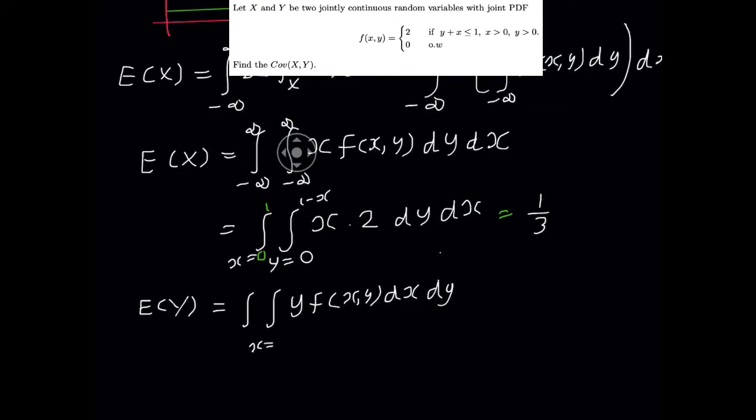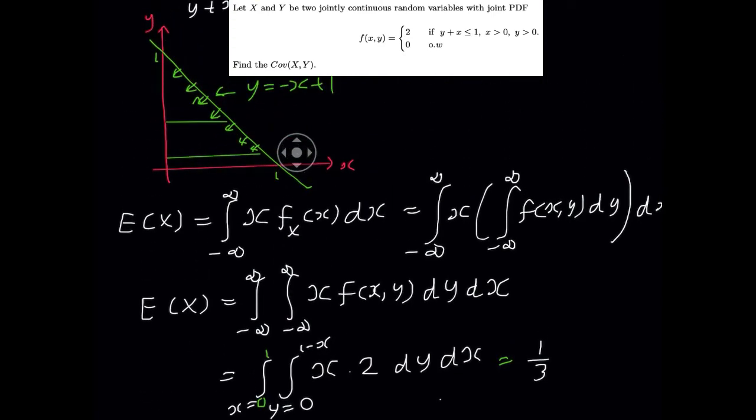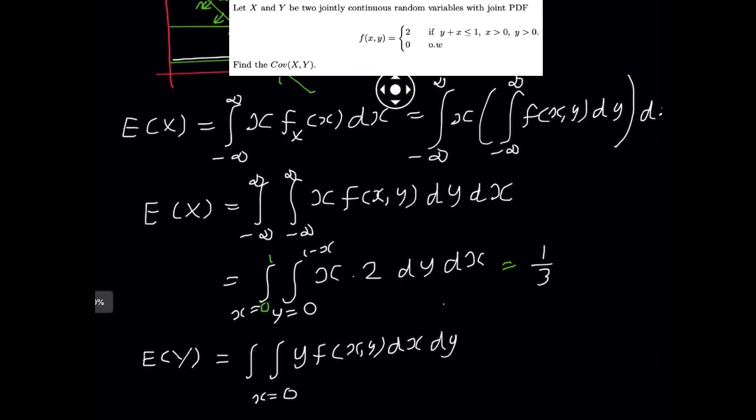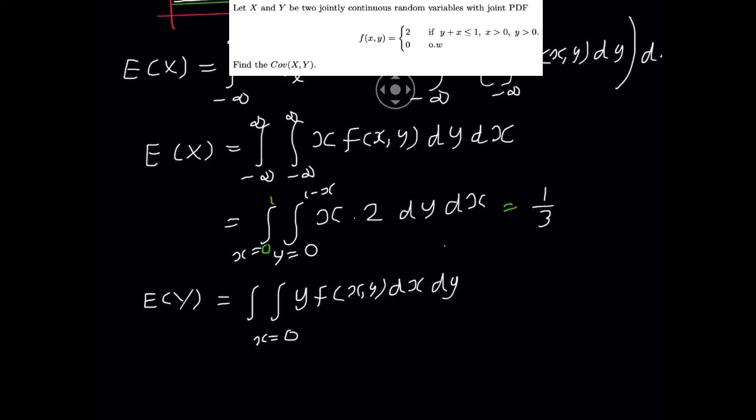X starts from 0 and stops on this line. Therefore, from this equation, we have x equals 1 minus y, and y goes from a minimum of 0 to a maximum of 1. So x goes from 0 to 1 minus y, and y goes from 0 to 1.